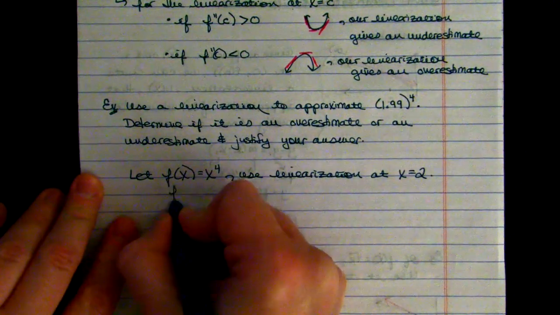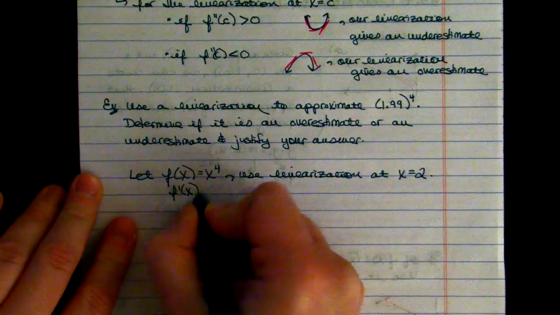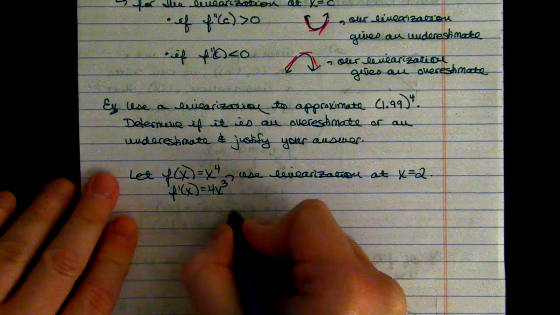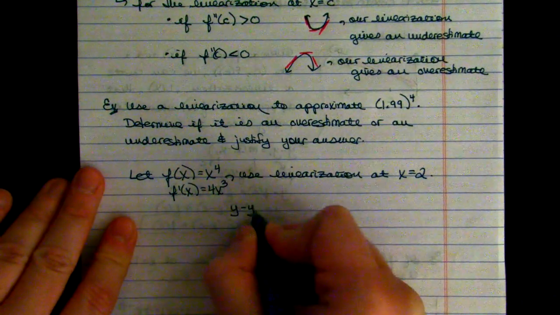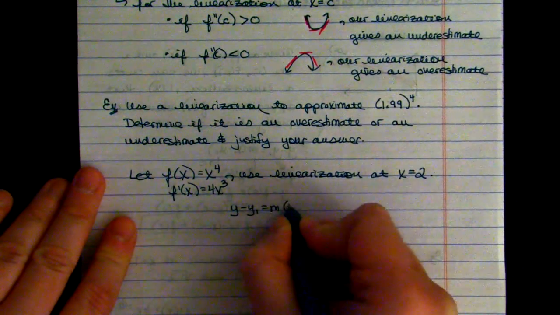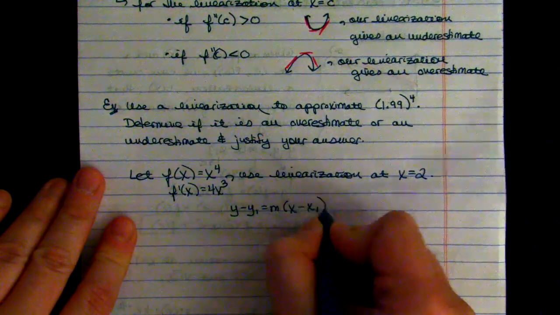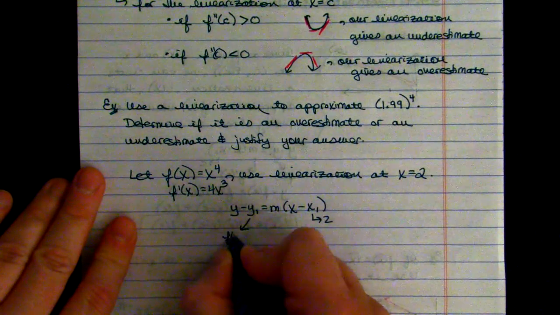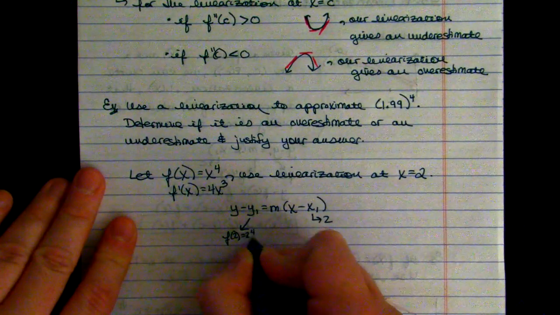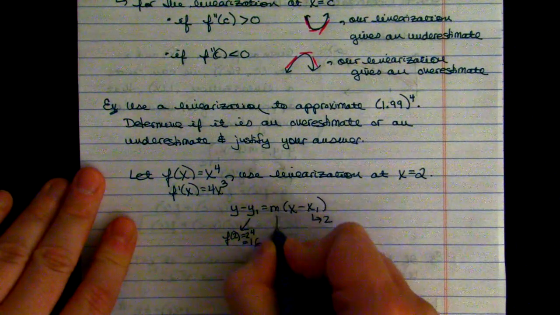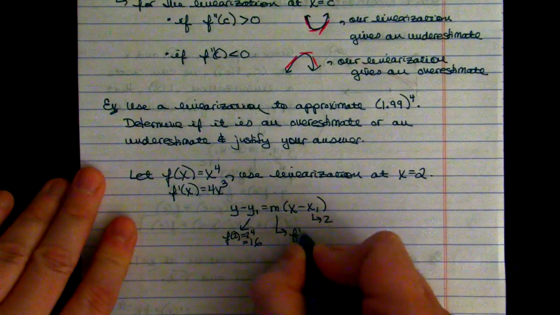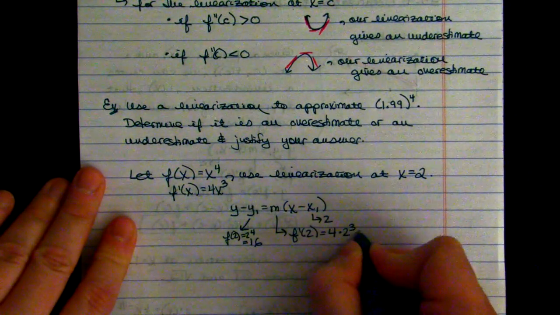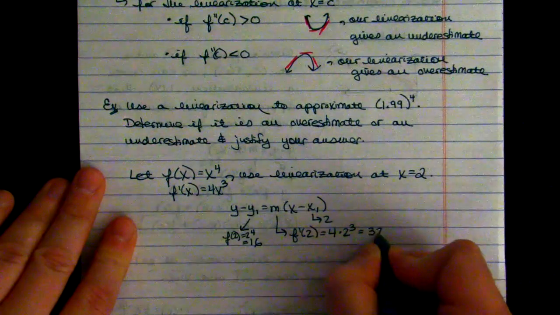I know I'm going to need my derivative, so I might as well find that over here. My derivative is 4x cubed. My tangent line is y minus y1 equals m times x minus x1. x1 is 2. y1 is f of 2, which is 2 to the fourth, which is 16. m is f prime of 2, which is 4 times 2 cubed, 4 times 8, 32.